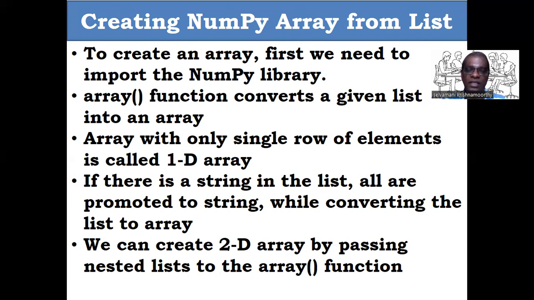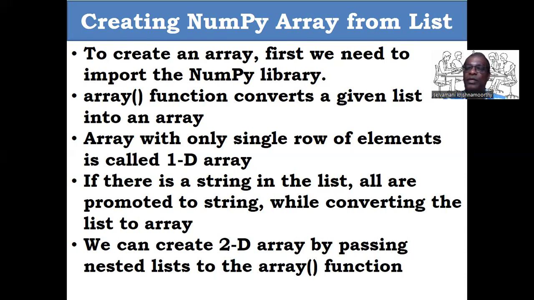If there is a single string in the list, that means the list contains at least one string, all items are promoted to string while converting the list into an array. Why? Because an array is a collection of elements of the same data type. One cannot be an integer, one a float, one a string.